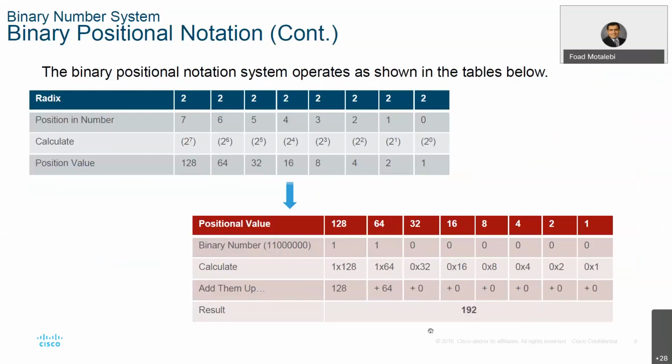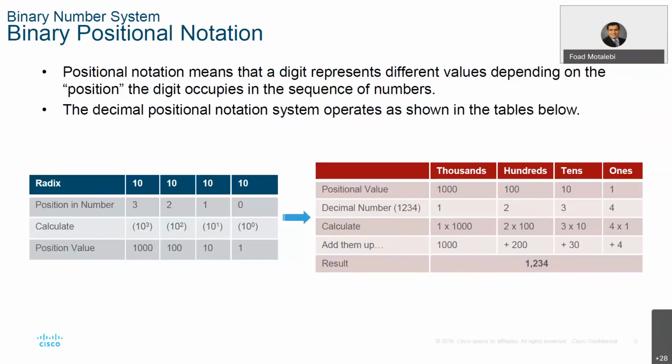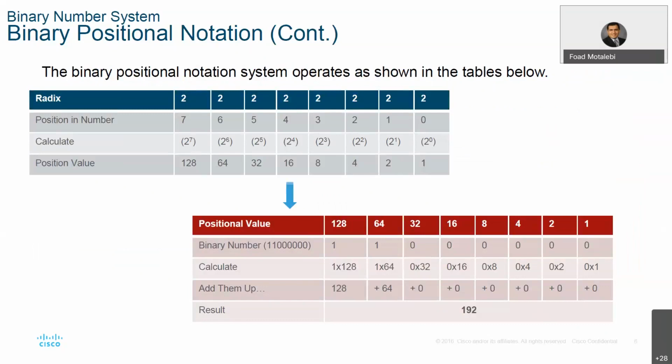Look at our binary, which is base 2. See, this one was decimal; now let's go to binary. In binary, the base is 2, the radix is 2. So there is a way to calculate. If you know the position number, starting from 0, 1, 2, 3 until 7, it's 2 to the power of 0 is 1, 2 to the power of 1 is 2, 2 to the power of 2 is 4, 2 to the power of 3 is 8, 4 is 16, 5 is 32, all the way until 128.